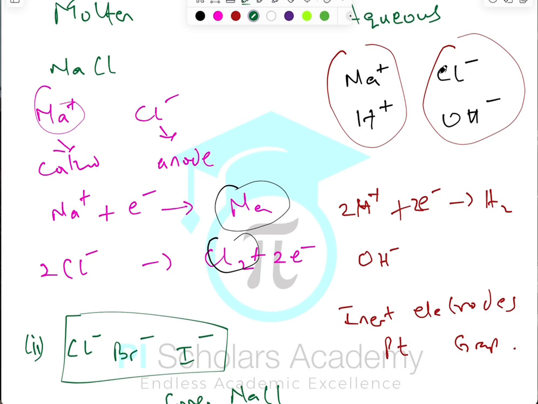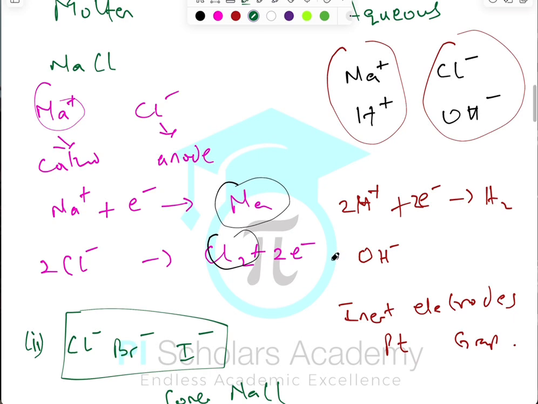Initially, I already told you that OH minus will be the one that goes through the process, and then from there you have oxygen gas being liberated. But in fact, I think I should write that so that we can properly understand this. So you have your OH minus, and then you have H2O, then oxygen gas being liberated.